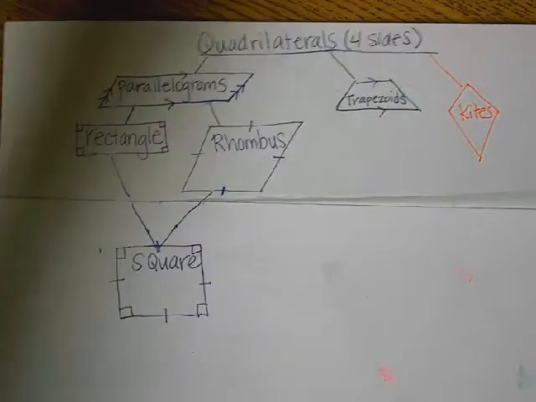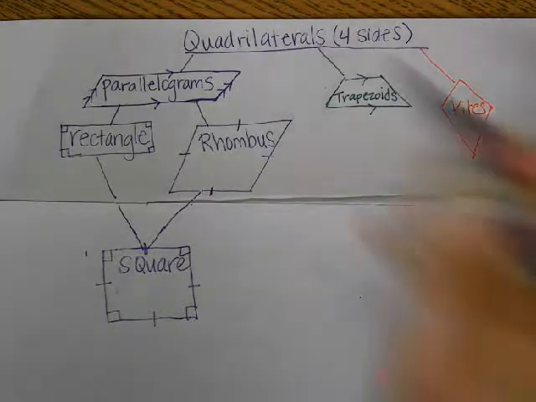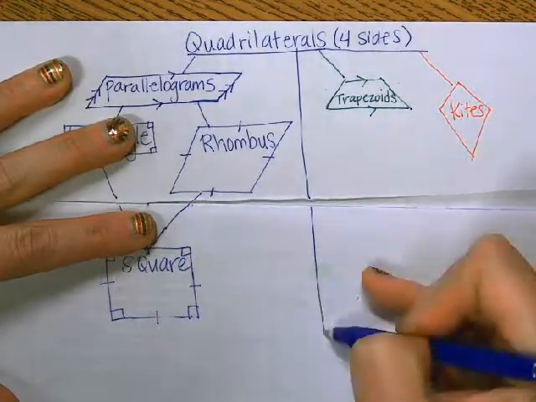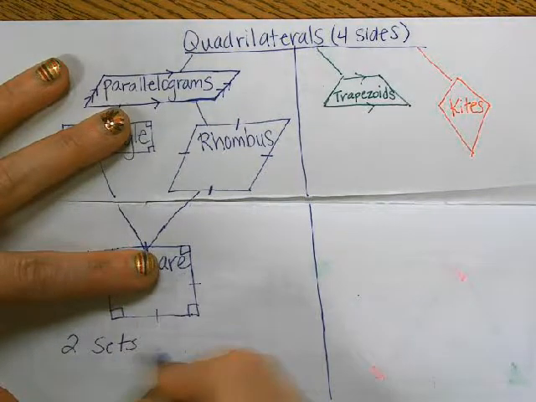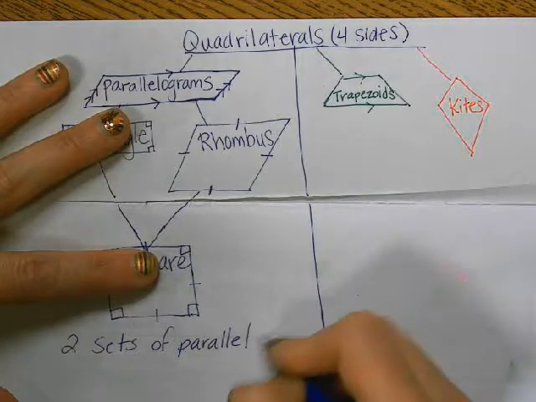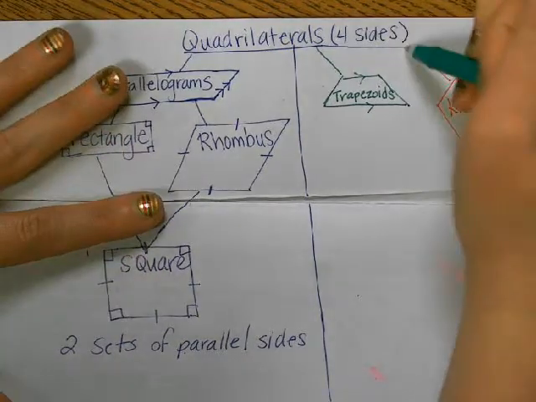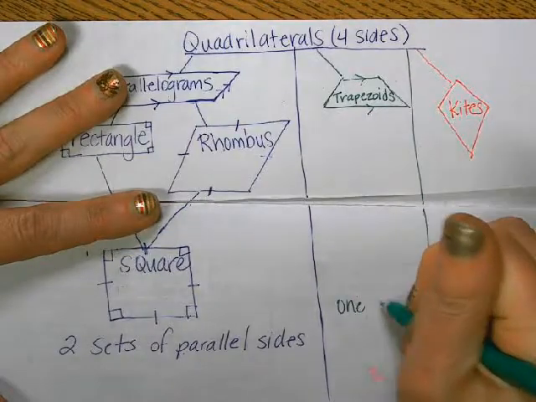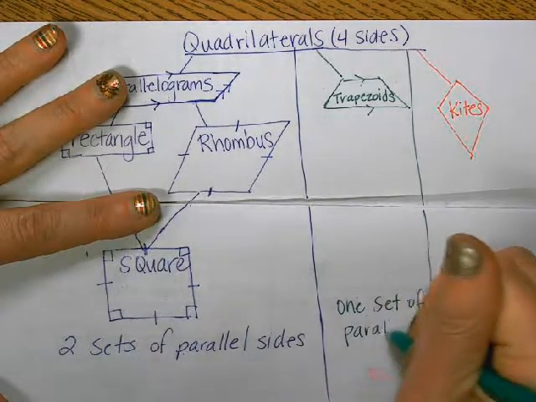Okay, so let's just basically talk about this tree for just a second. In this first section of all the blue ones, everything over here has two sets of parallel sides. In this section here, it only has one set of parallel sides.